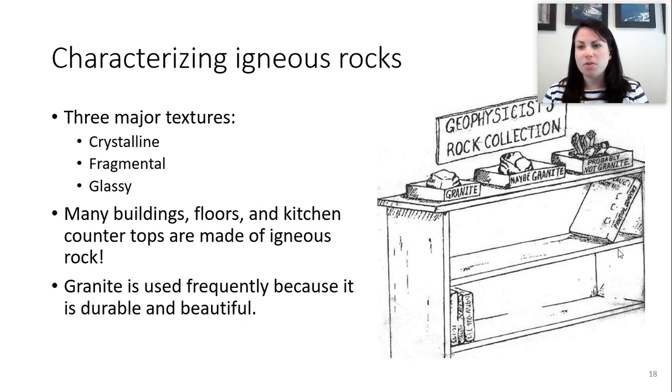It's part of our everyday use that you wouldn't necessarily think, oh, this countertop is very beautiful, it's an igneous rock, such as granite. Granite is used because it's durable and beautiful. You might have granite in your countertops right now, and you can impress your friends by saying it's an igneous rock.